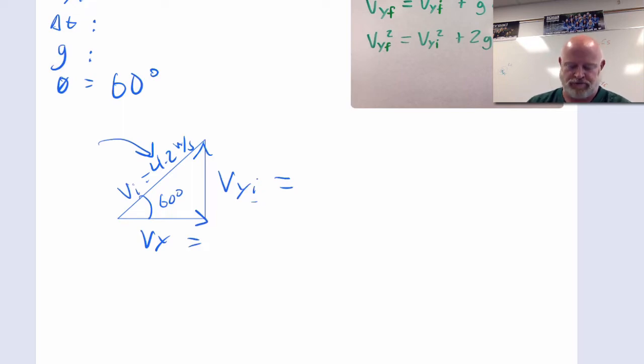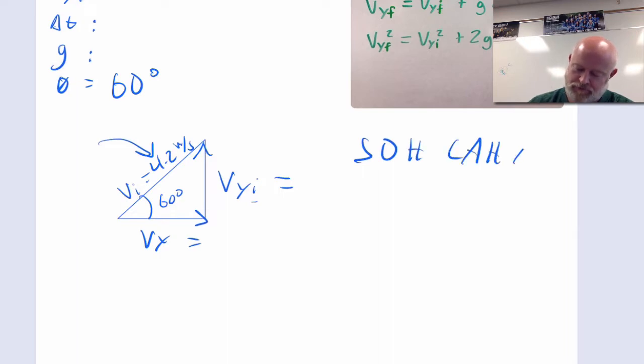I'm using 4.2, okay? From this, I know an angle, I know the hypotenuse, I need my components. So I can use SOHCAHTOA to solve this. Now, I don't have opposite and adjacent, so I can't use the TOA part, but I can use the SO and the CA to make this happen.